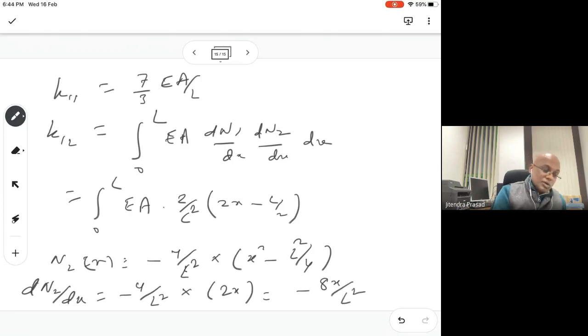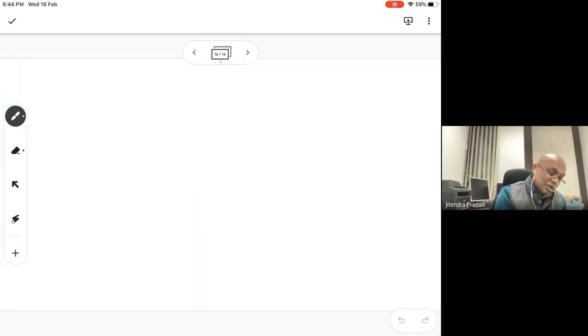So K12, we are going to multiply this to this. So we are going to multiply minus 8x over L square dx. Then you can simplify and find K12.